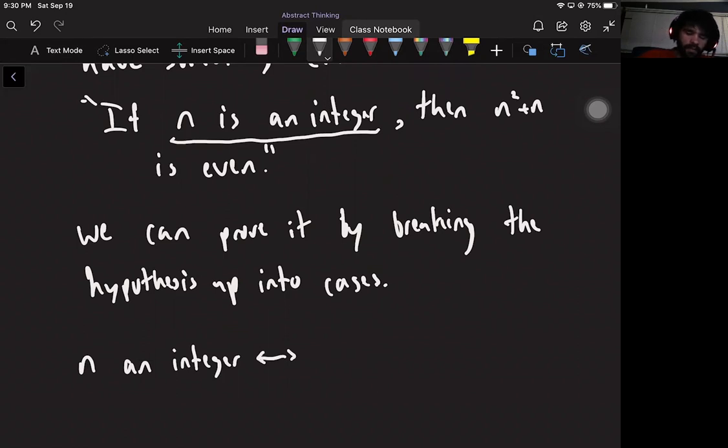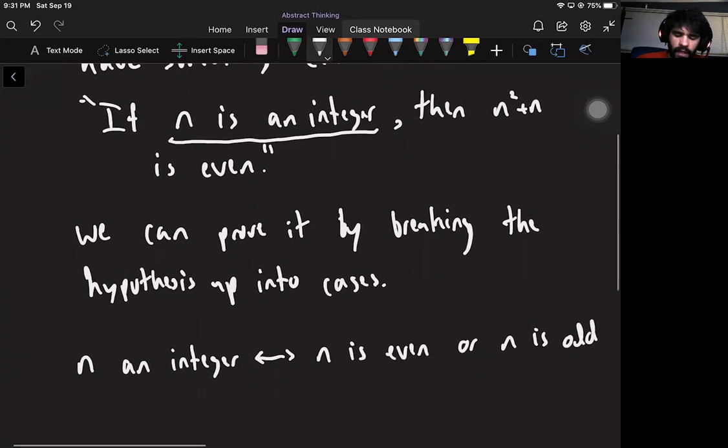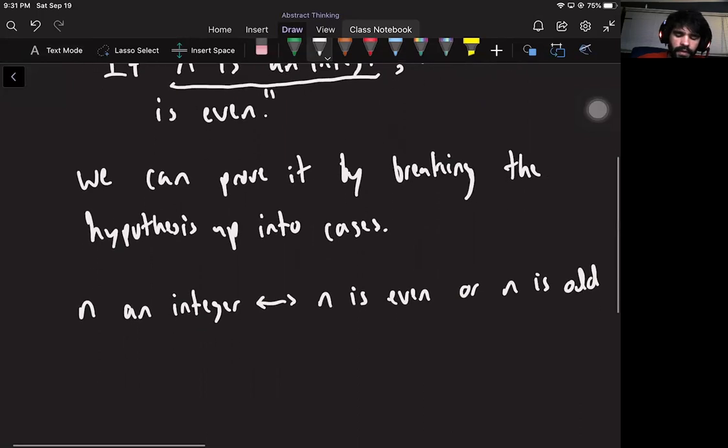Yes, there is. I can break up the integers in lots of ways, but one way is that I could say it's either even or n could be odd. And breaking it up in this way is the same as saying any integer, right? Because if it's even, that's half of them. If it's odd, that's the other half. That's all of them. So I'm not missing any integers.